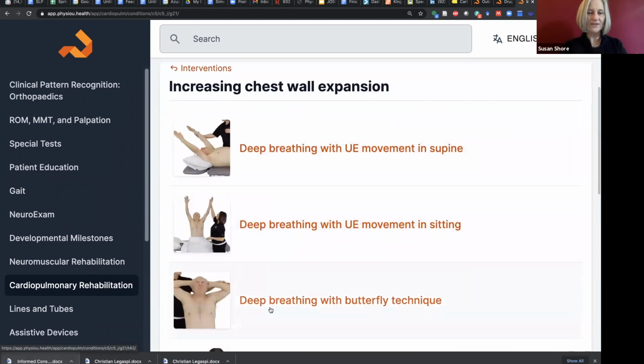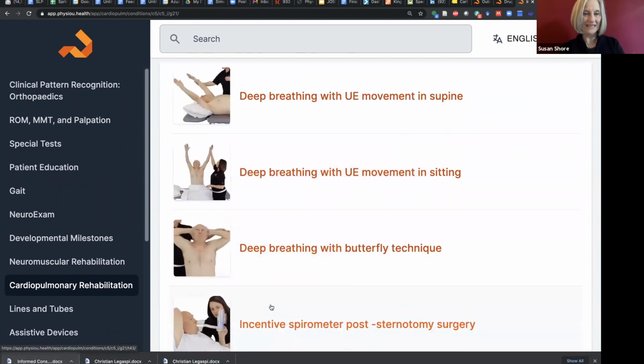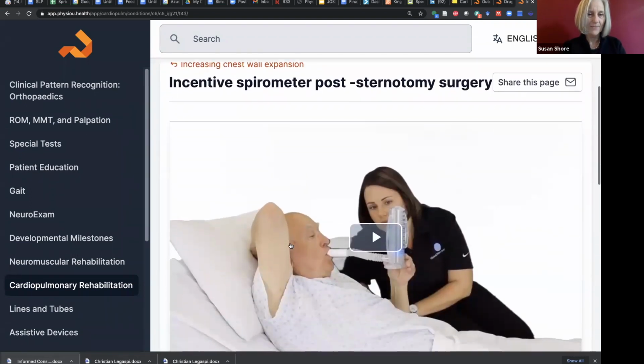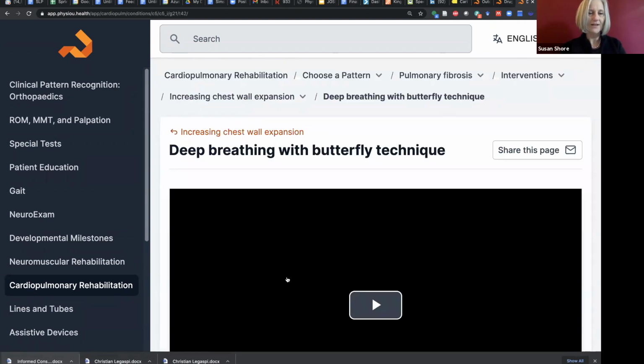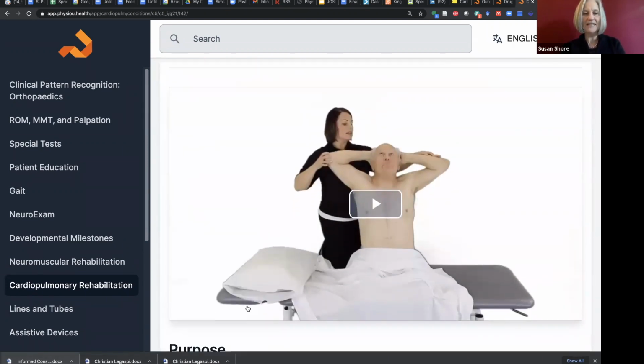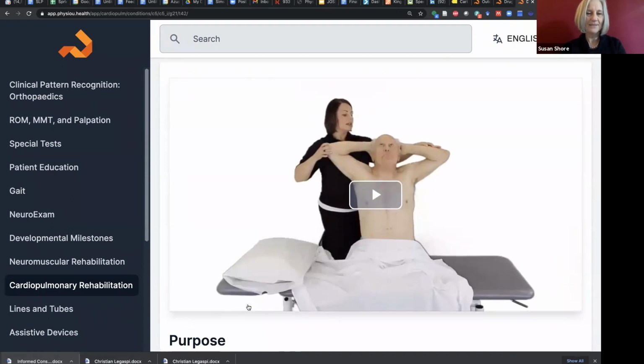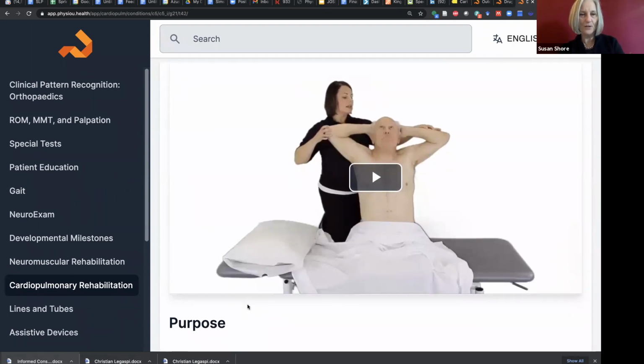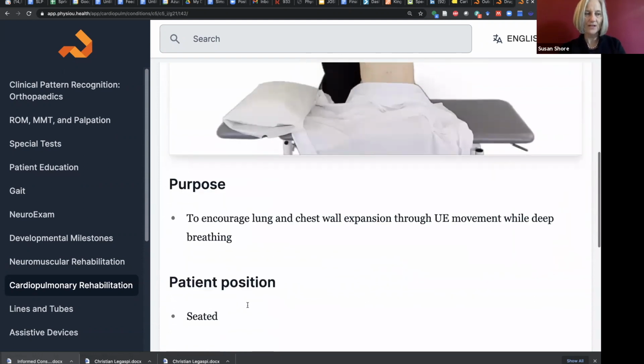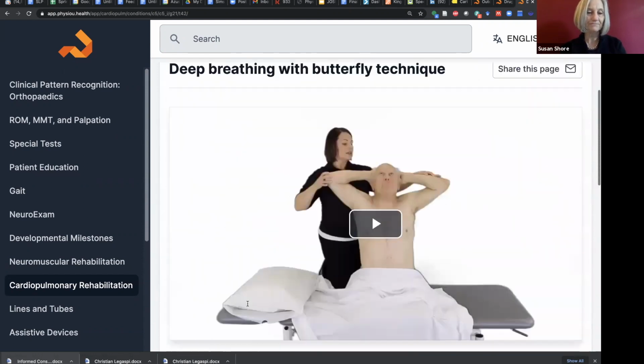For these patients, we need to get air into the chest wall. We're going to do that by some of the breathing exercises combined with upper extremity exercises, the purpose of which is to address this impairment of decreased chest wall mobility.